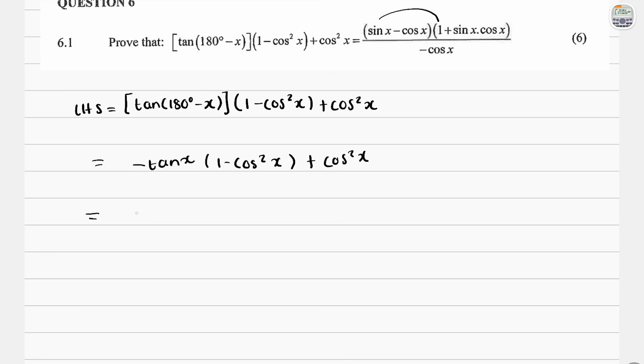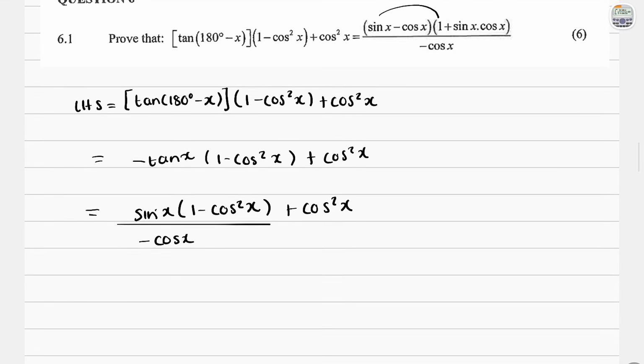But let me just do this step by step. So we have negative tan x, which should be negative sine x over cos x. But I'm going to leave that negative in the denominator. So I'll leave this as sine x over the cos x, but then leave the negative here. And then we have multiply by 1 minus cos squared x and then plus cos squared x. I will change that, but I just want to see how they did that.